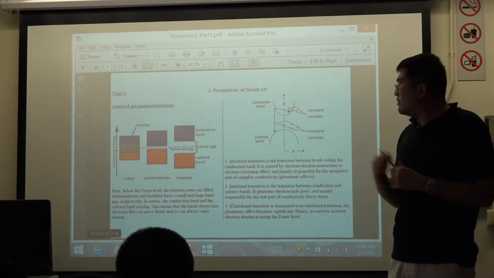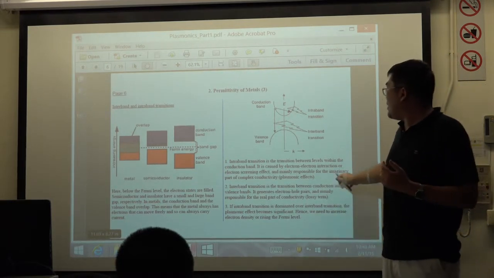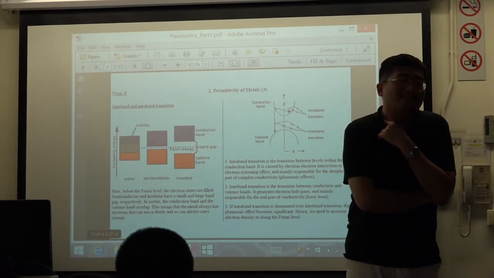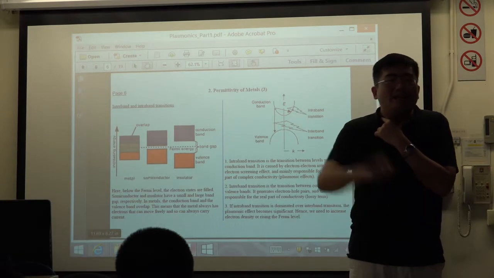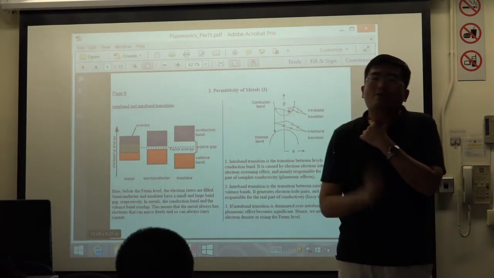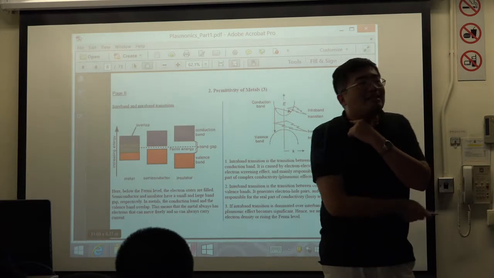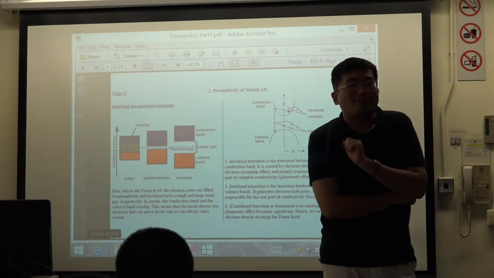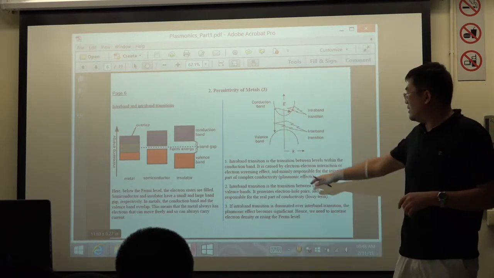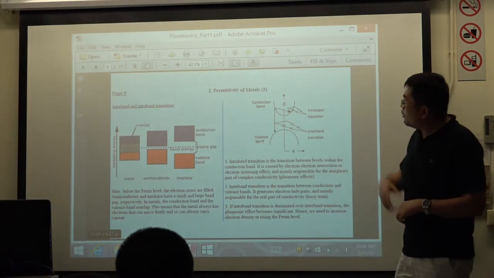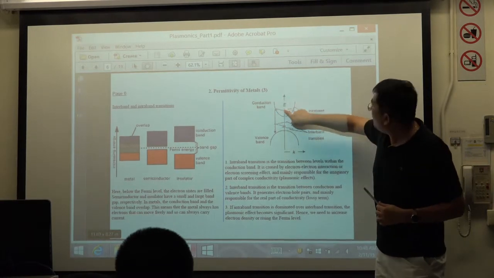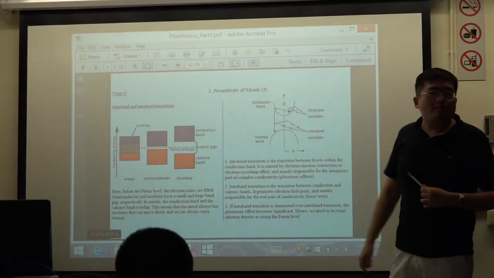The imaginary part of complex conductivity gives the real part of permittivity, right? Sigma over i omega epsilon 0. So sigma, being imaginary, over i omega epsilon 0 becomes real. So this is the part responsible for the plasmonic effect. The plasmonic effect is mainly due to the intraband transition part.